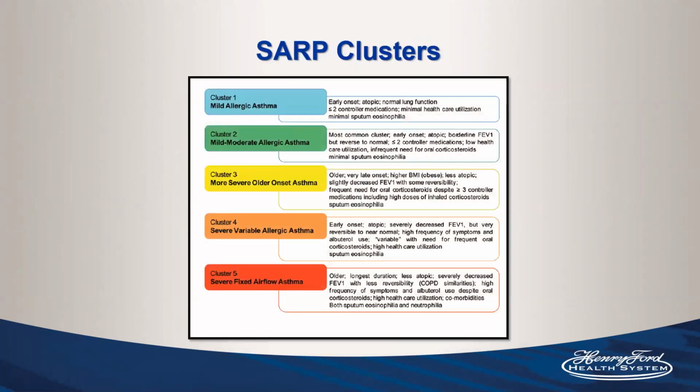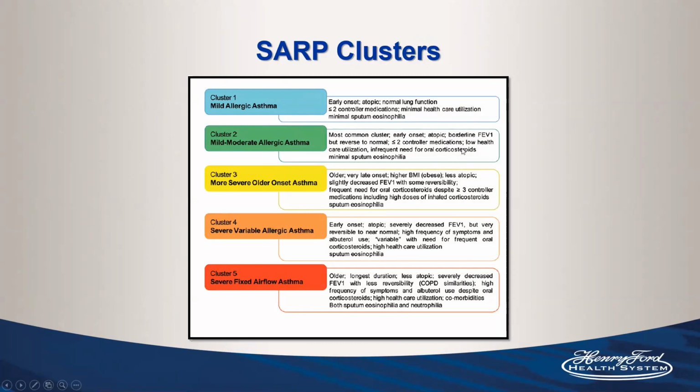Pretty much cluster 1, according to that study by the SARP group, is mild allergic asthma, early onset, atopic, normal lung function, not that many controller medications, minimal healthcare utilization. Group 2 is the mild moderate allergic group, early onset atopic.